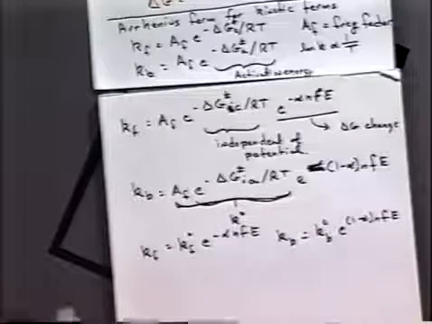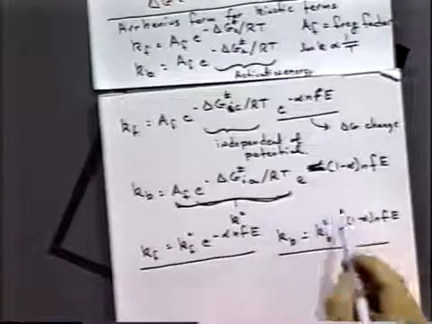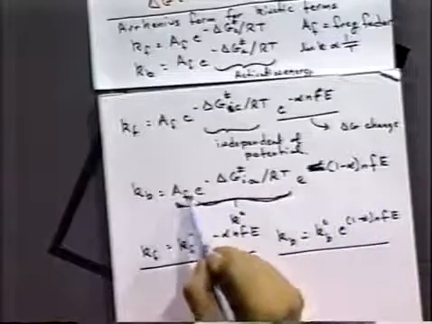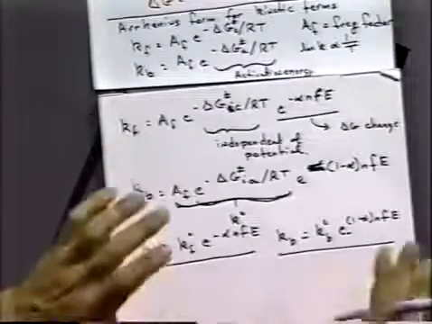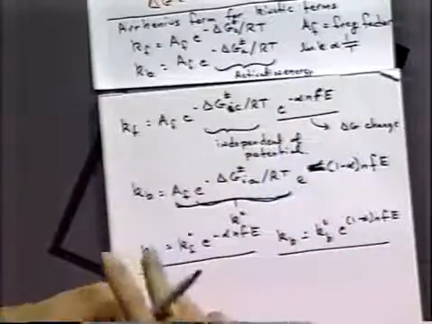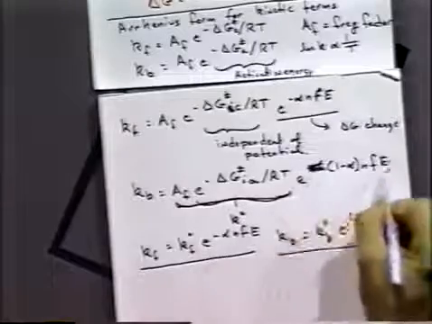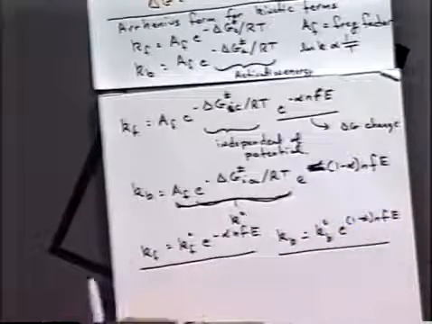So what have we done? We've just taken the same thing as before, but we've taken this part here of the Arrhenius formulation and lumped it all together into just one constant. Because it's independent of potential, all we need to do is figure out what that is, and that's all we need to know. So we put that in, and then we got a potential dependent part of our expression up here.